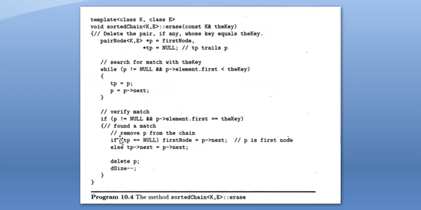Now first we check if TP is equal to null. What do you mean by TP is equal to null? TP will become null if you are having only one node, or if you are having no node also, TP will be null, correct? I will go here, TP is equal to null, we set it. Right now TP is not null, so it is connected to the first node.